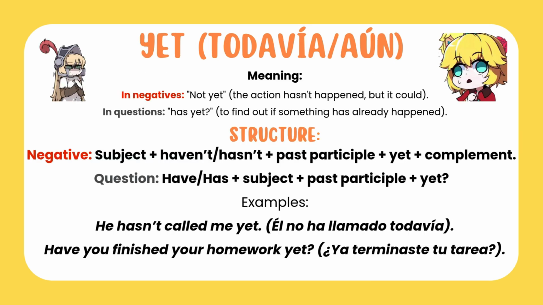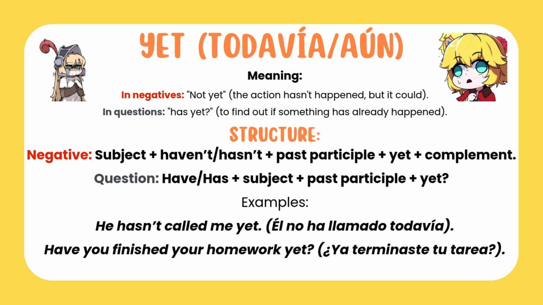Let's talk about yet. Yet is interesting because it's only used in negative and interrogative sentences. In negative, it means something hasn't happened but could still happen. In questions, it's used to confirm whether something has happened.